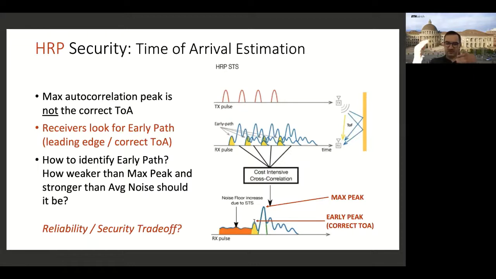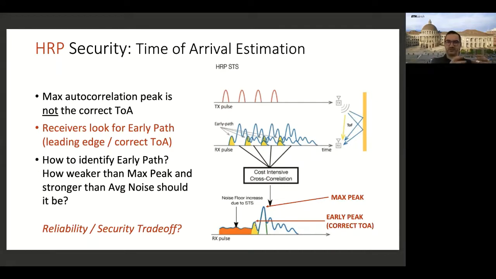And of course, if you are too generous with your thresholds, the adversary might be able to inject an earlier path. And this is what we assume essentially happened in our attacks. We were able to generate an artificial early path which somehow fit within these thresholds that are placed in these chips, right?